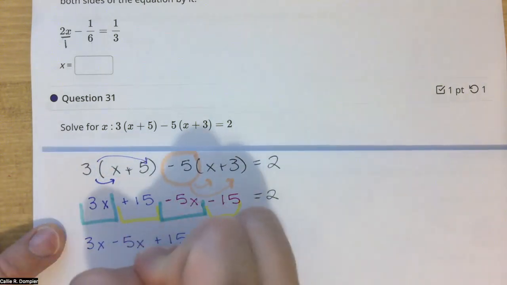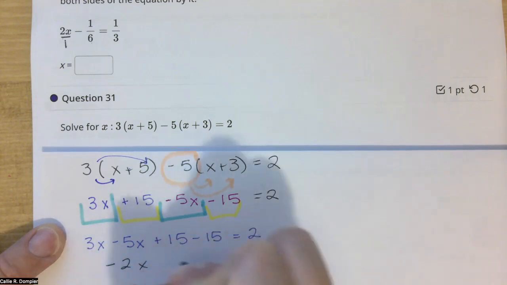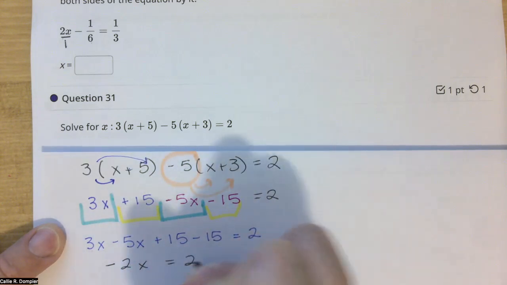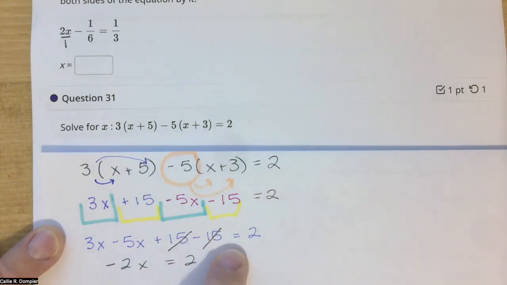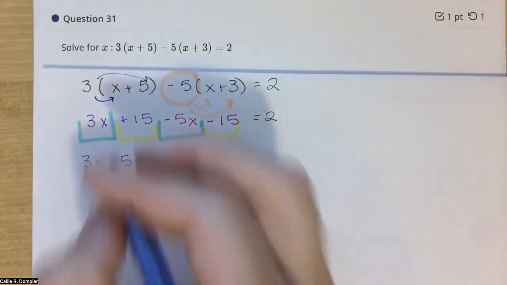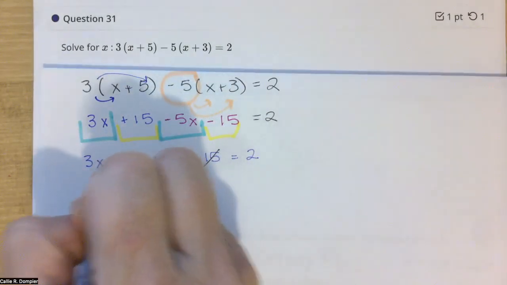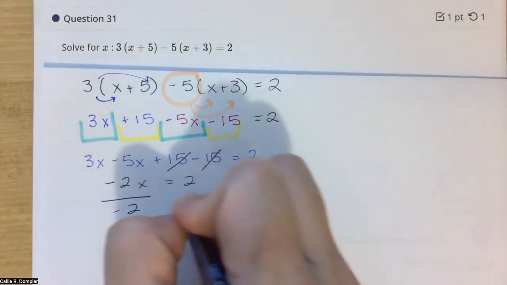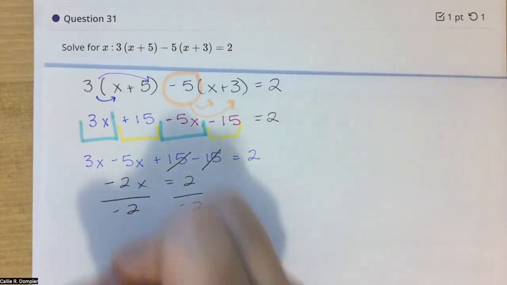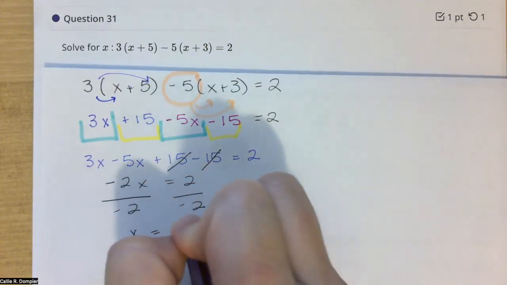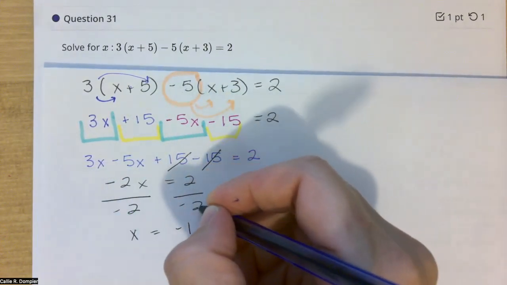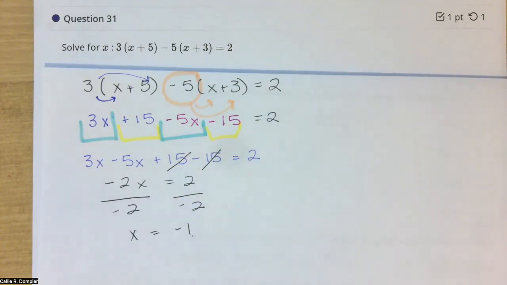That becomes 0. 3x minus 5x is a -2x equals 2 because positive and -15 cancel out to 0. X is being multiplied by -2. To undo that, we divide by -2. Don't forget the negative. And we get x equals -1 because positive 2 divided by -2 gives us -1. Good? All right.